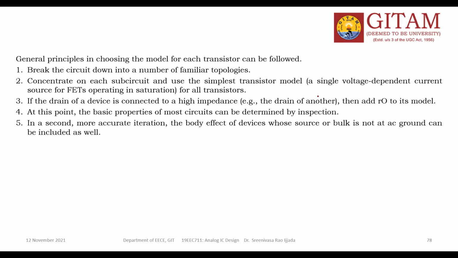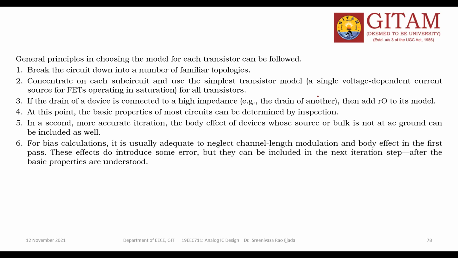So look at the terminals properly. For bias calculations, it is usually adequate to neglect channel length modulation and body effect in the first pass. But in the second pass, after the first one is over, go with the considerations. If you begin with them, a little confusion may come.